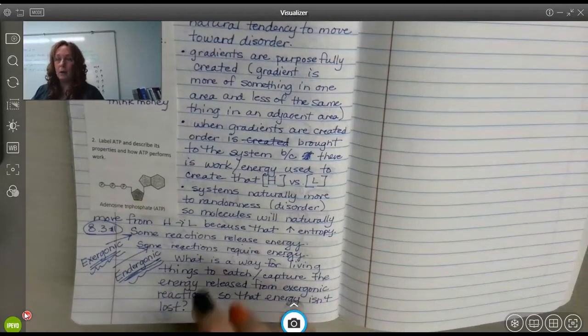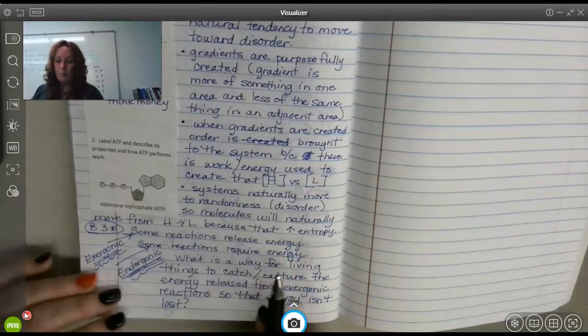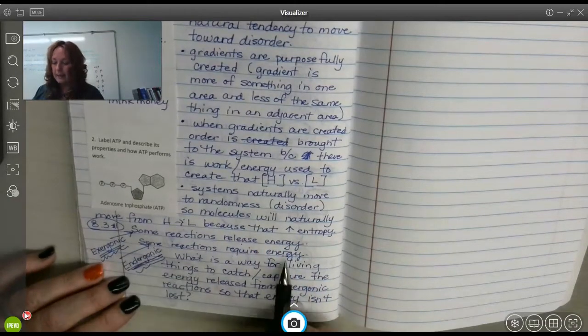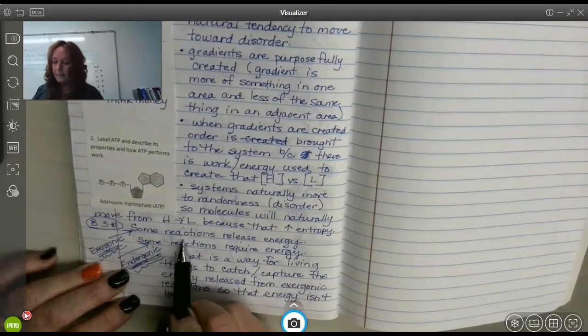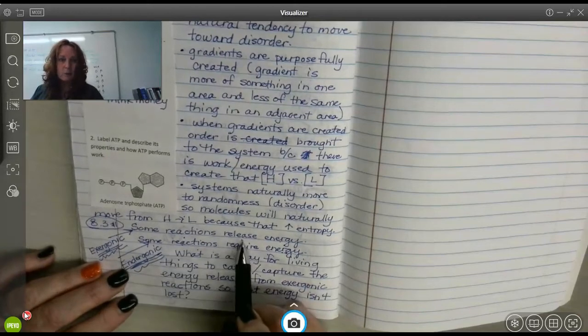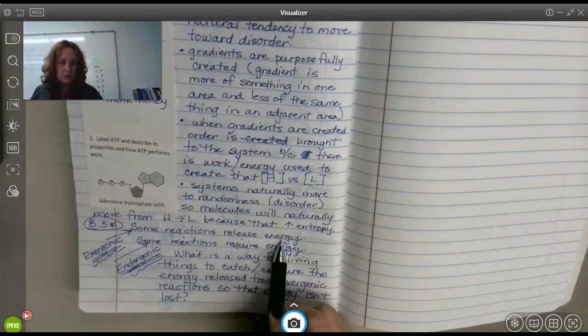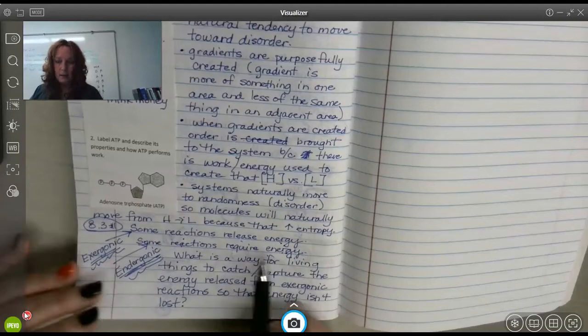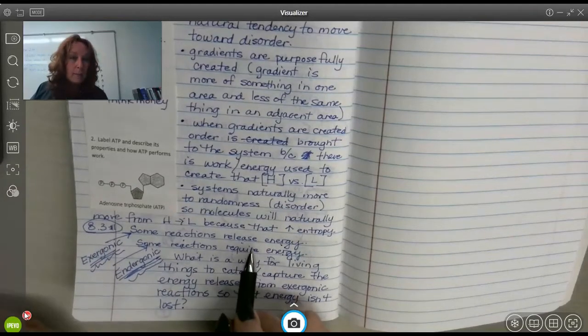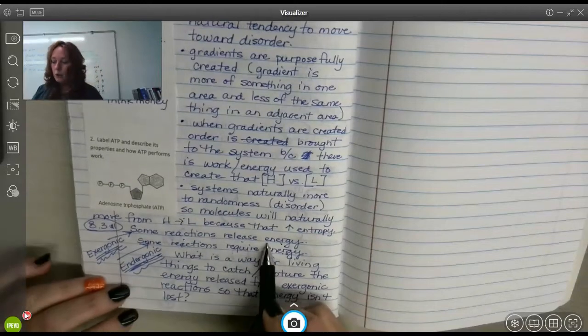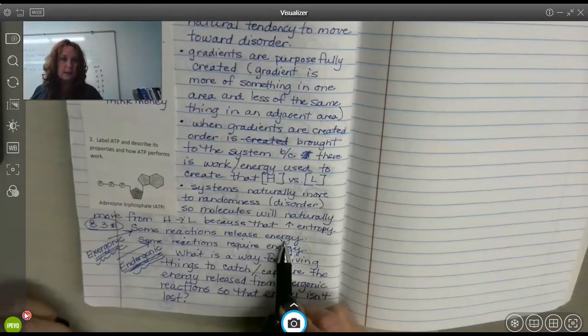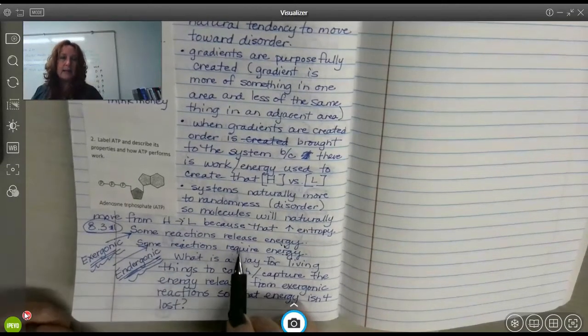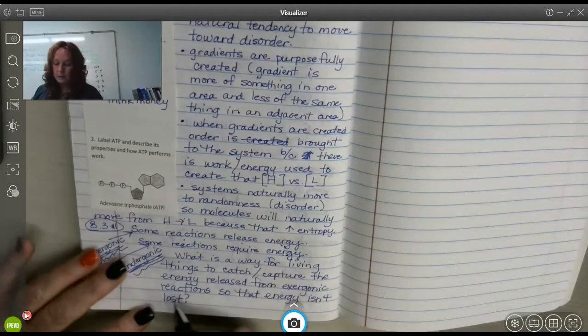And yes, that would be awful. But in this particular case, when you have reactions that release energy, just like I was being paid, I didn't blow up if I didn't spend it and it was lost. But when you lose energy in a system, it is lost as heat and light. So we'll put here.